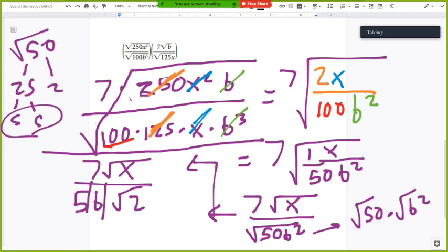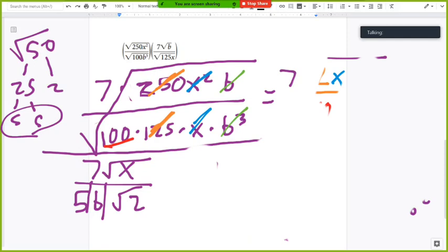So last but not least, I've got to get rid of that radical 2 in the denominator. The way I'm going to do that is to multiply the numerator and the denominator by root 2.